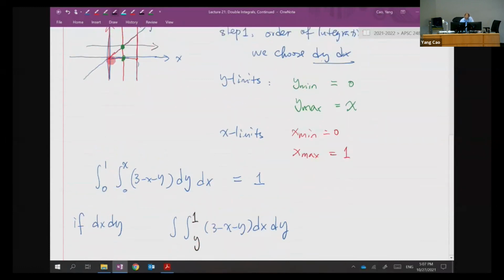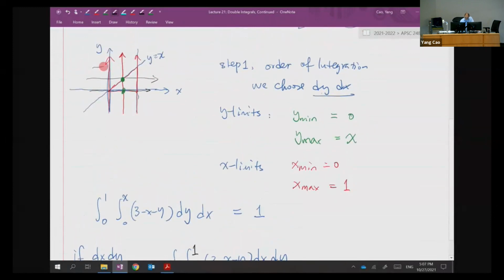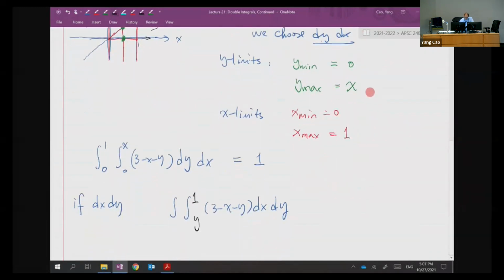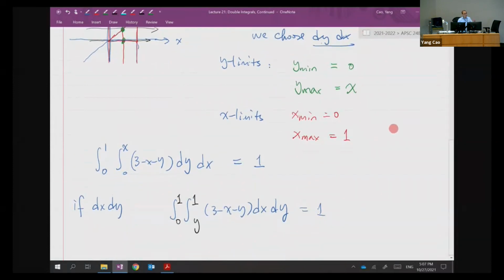Then you scan these arrow lines from the bottom to the top, finding the two edges sandwiching this region R. That gives you y min and y max, which is 0 to 1. This way you get the same answer as before, which is 1. This is the simple process you can use to scan through the region R.